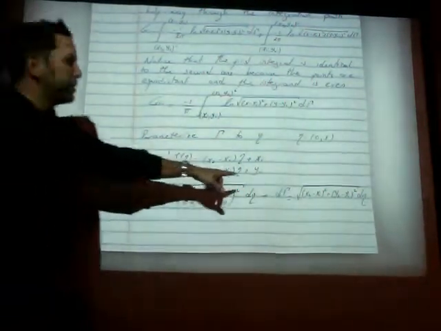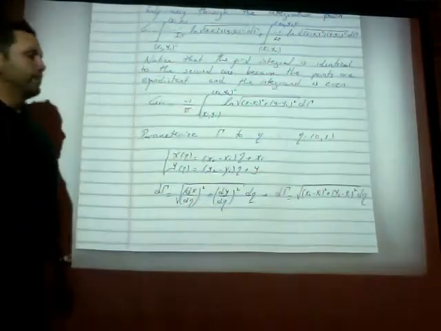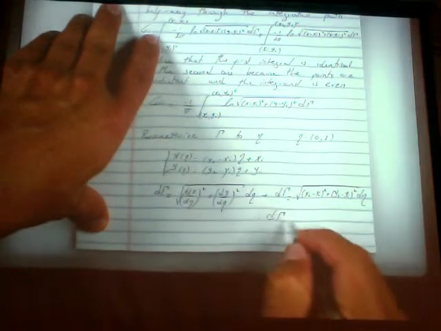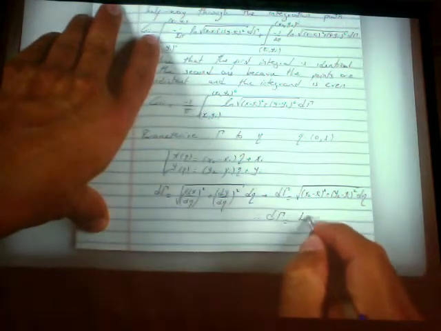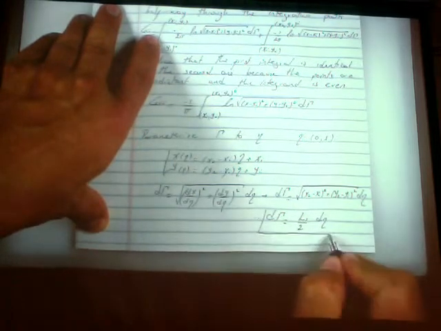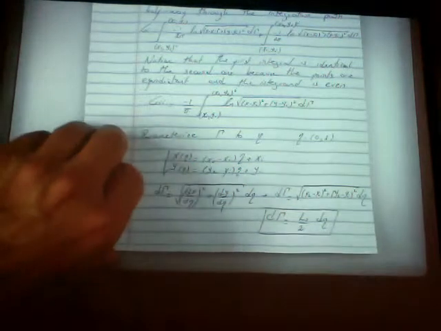And what is this? That's half the length of the element. That's the length between the end node and the mid node. And therefore, d gamma is equal to length over 2, d eta. All right. So we're getting somewhere.